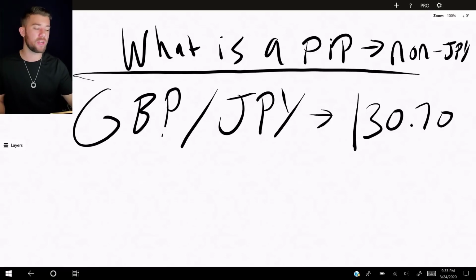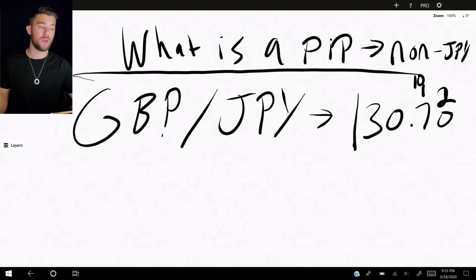So if we have 130.70, then decimal 1 would count as how many pips? This is our tens, remember? And then this, our second decimal, right? This is decimal 2, is going to be 1 pip. So this market and this are 0 on the 130, our 0 is going to be 100 pips.